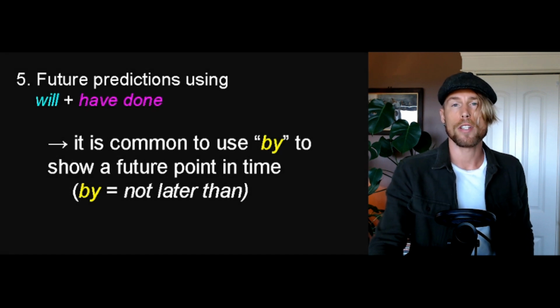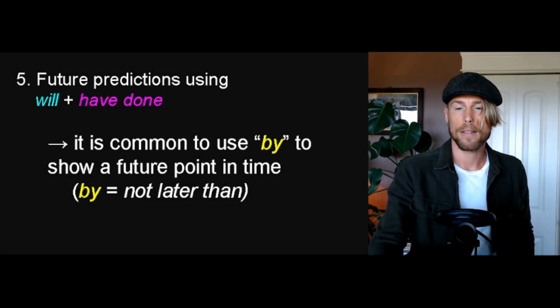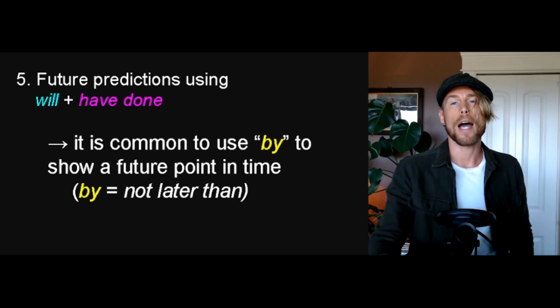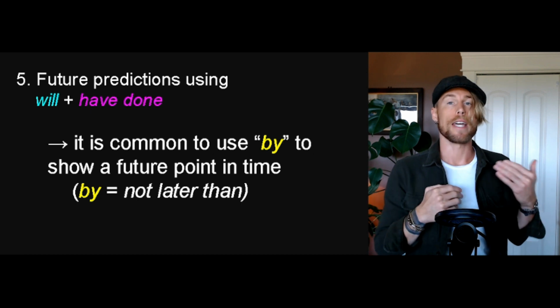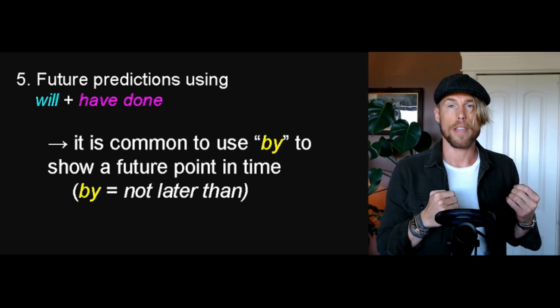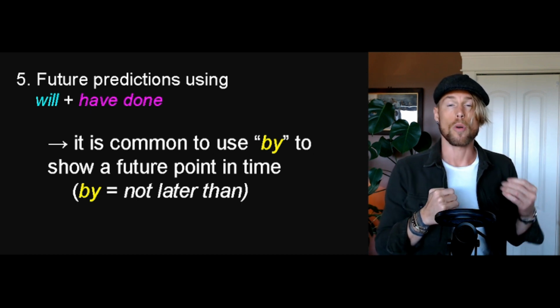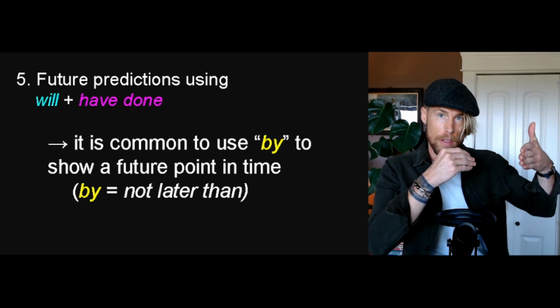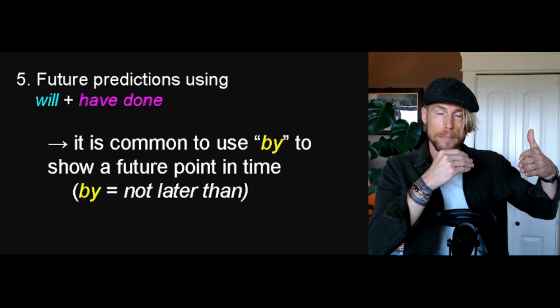And it is common to use by to show a future point in time. By means not later than. Not later than. So not more in the future than the specific future time.